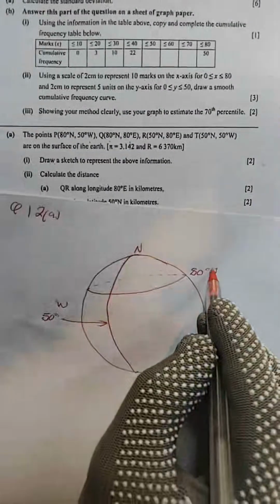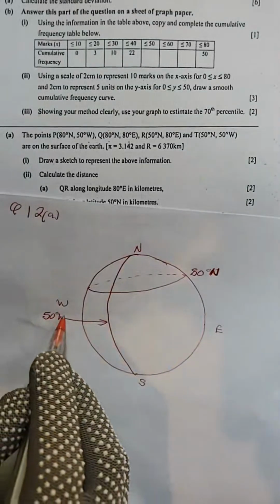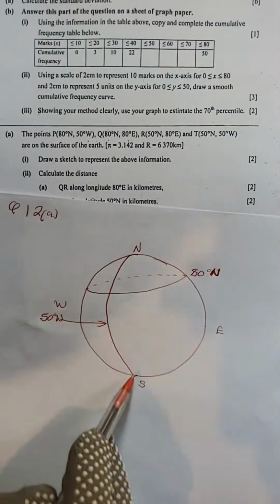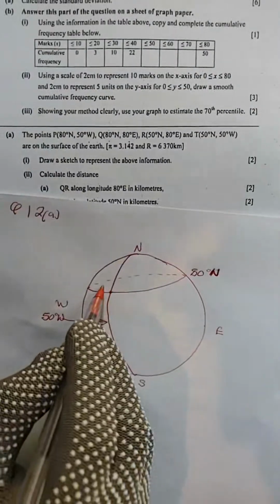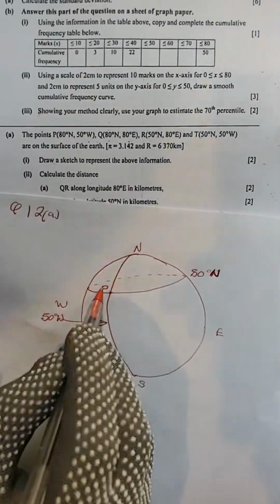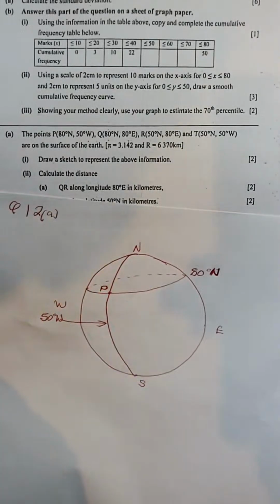By the way, this is north. It looks like west here. So this is 50 degrees west. Where these lines intersect, that's where point P is. So point P is here.